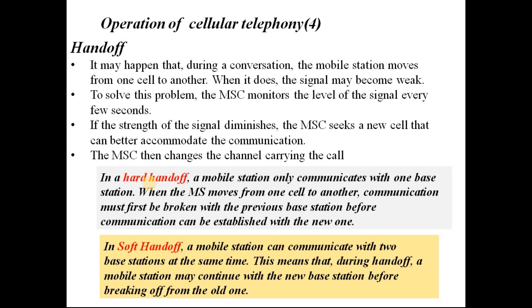And suddenly the signal will be boosted and you will get a full range. This is because you have already handed off to the next nearest base station, where you are closer to it, so you get the complete range. This is called a soft handoff.